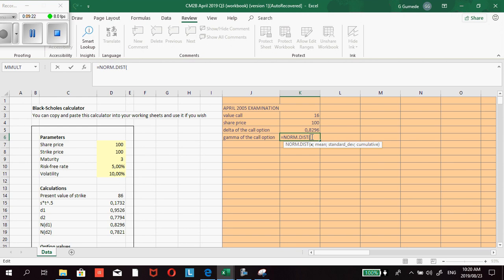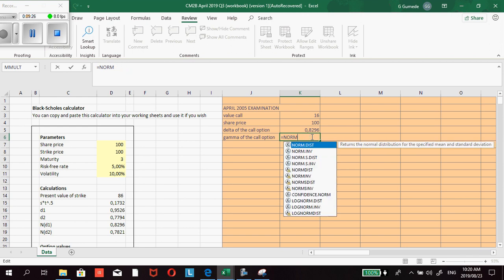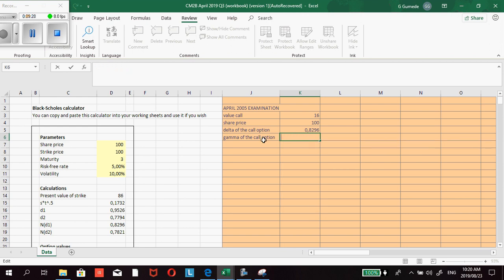Okay, so in actual fact, I think I'm wrong here. I'm going to remove this and say this is my standard normal, evaluated at d1.